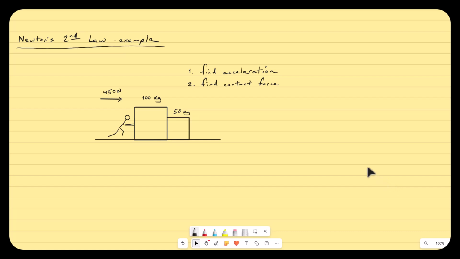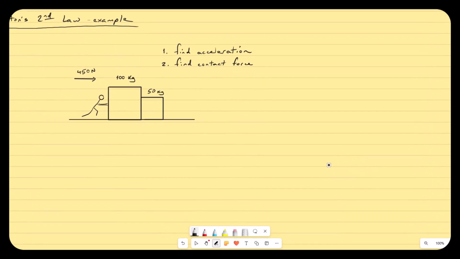So first, I'm going to start with a free body diagram. I'm going to call this block 1. Call this one block 2. If I draw a free body diagram for block 1, it will look like this. I will have gravity going down. I will have a normal force going up.